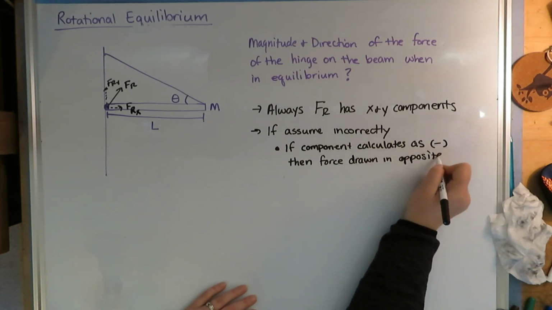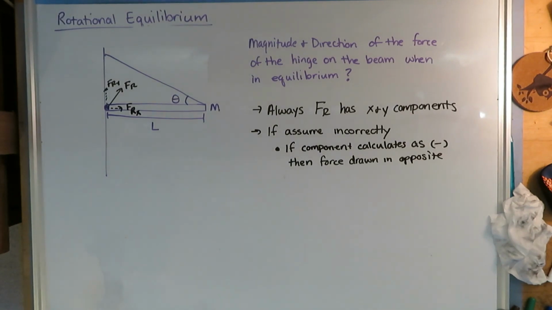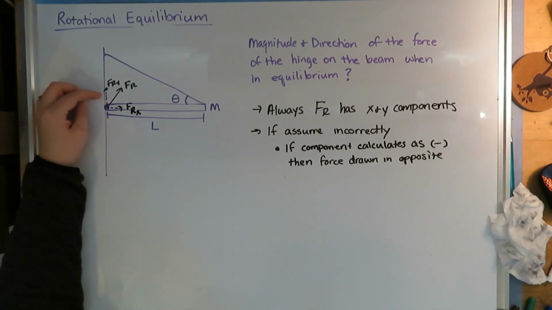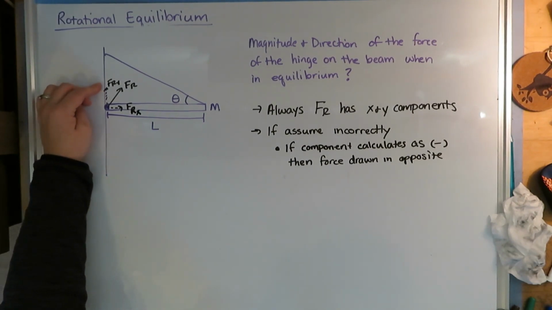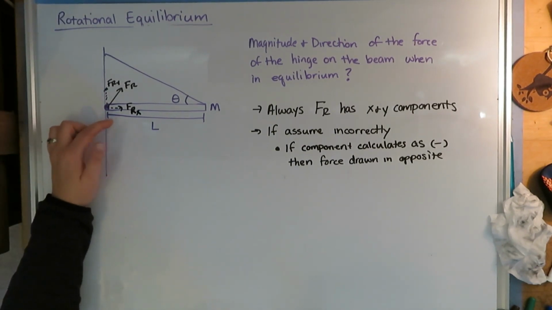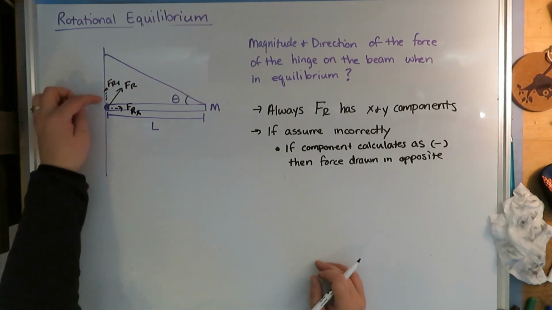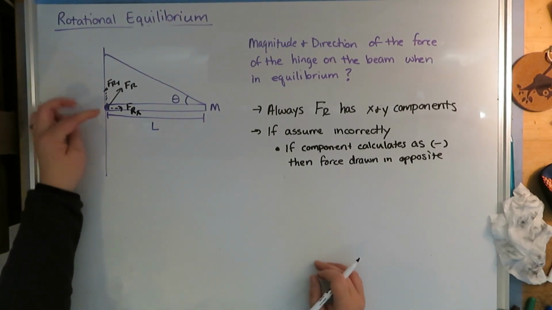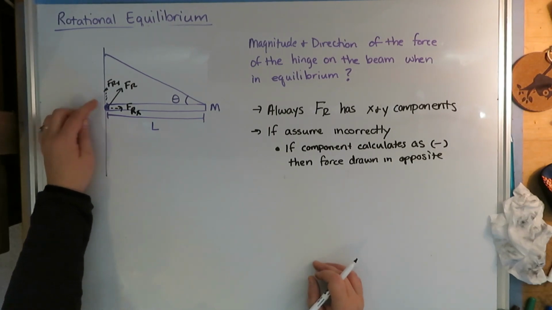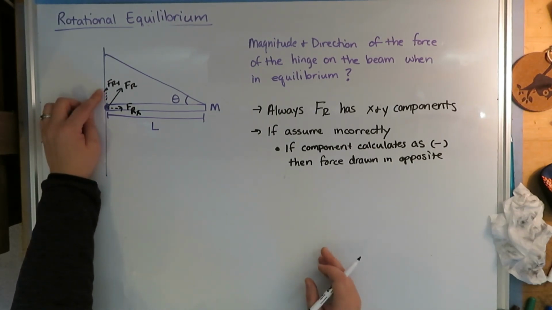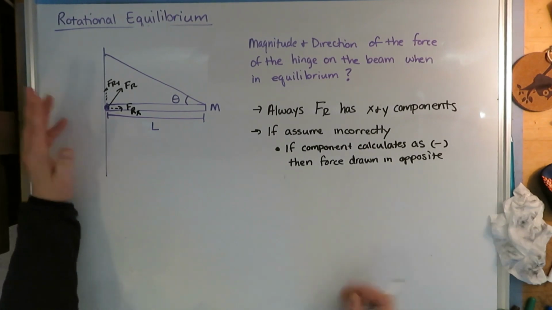Now we're going to do this one non-numerically, so I'm not going to have numbers, but it'll give you an idea of what I mean. So, for example, if I assume that FRY is up, and in reality FRY is down, then when I go through and do my math, FRY would calculate out as negative when I put it in this location, positive if I put it down here. So it coming out as negative just tells me it's not up, it's down, okay?